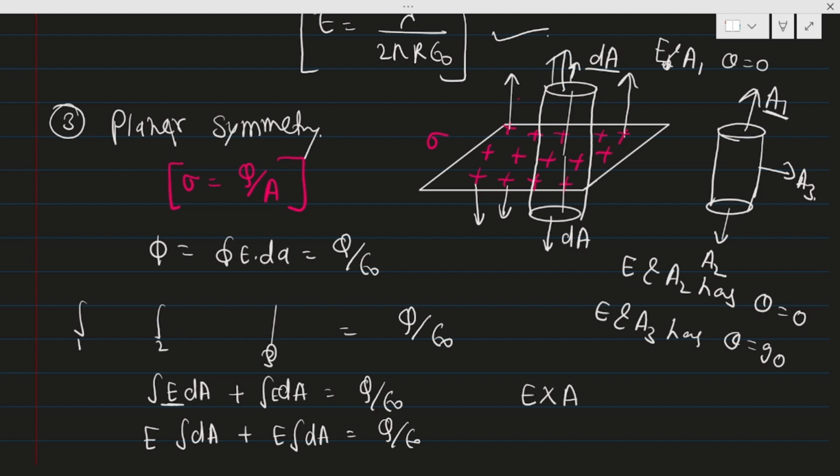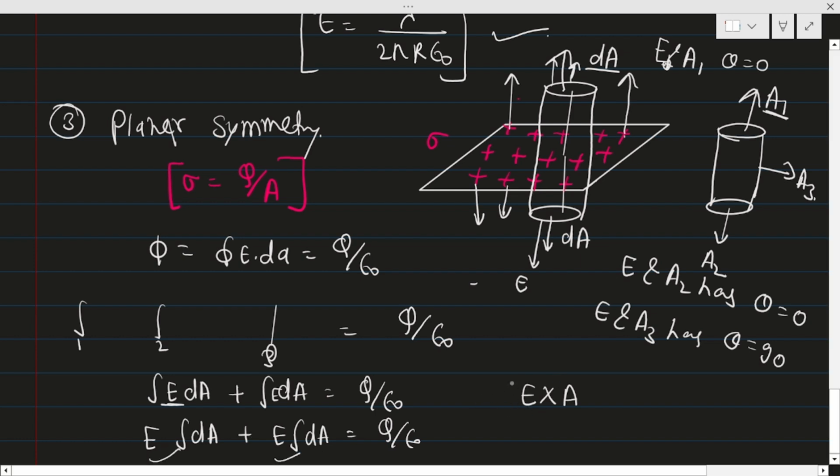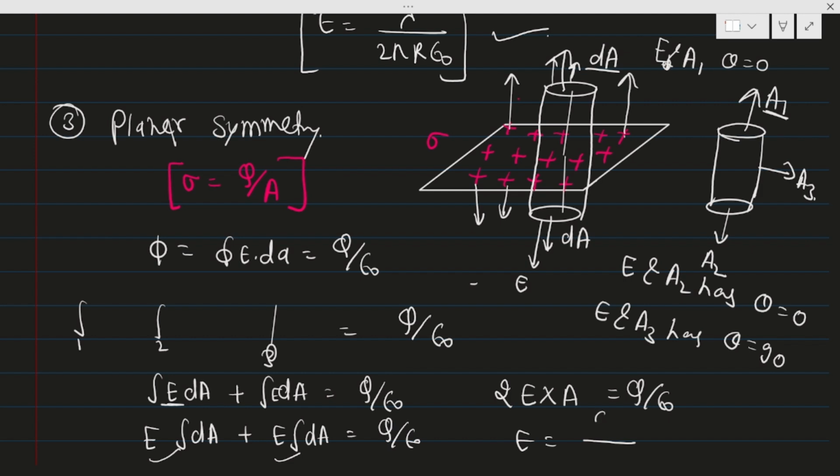If dA were in the opposite direction to the field, this would be negative. So 2 times EA equals Q over epsilon naught, so E equals Q over 2A epsilon naught.